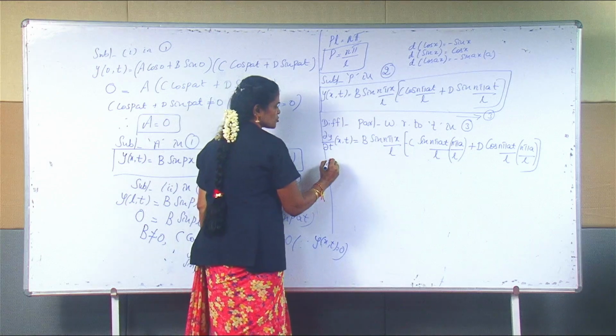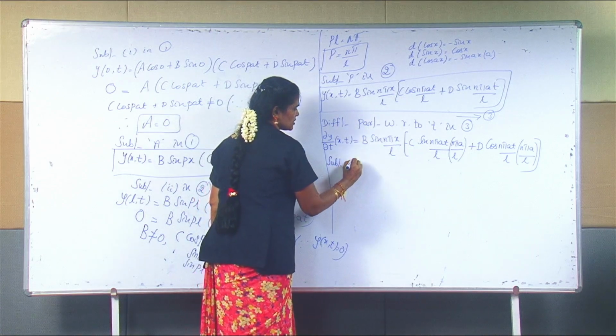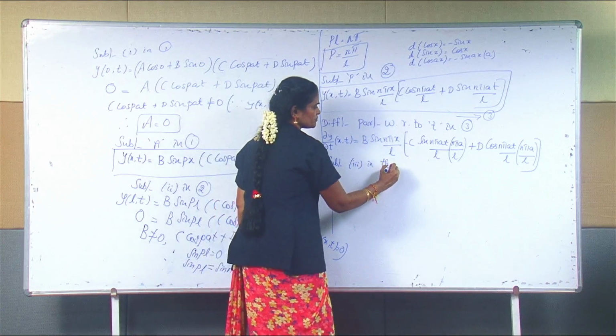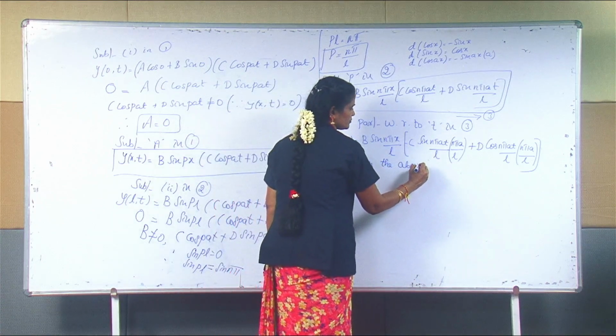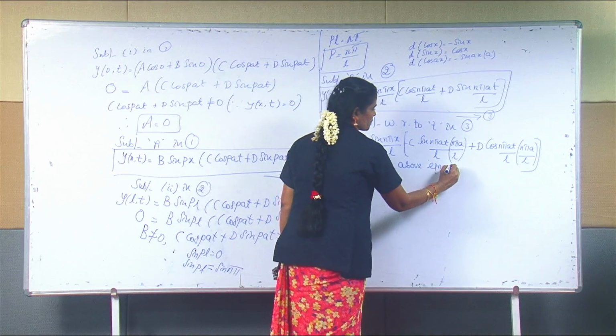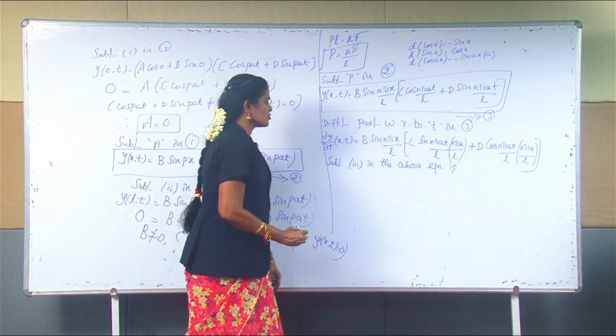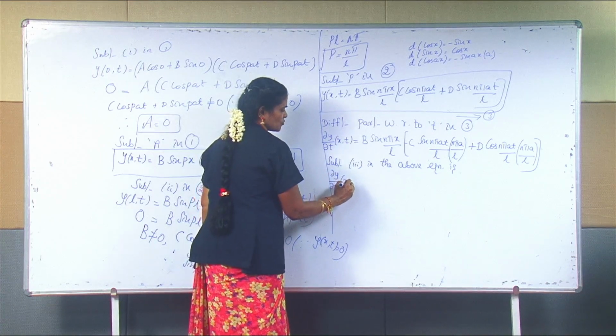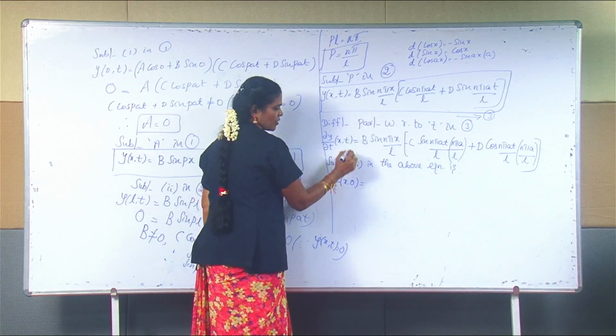Now substitute the third boundary condition in the above equation. The third boundary condition is dou y by dou t at (x, 0), so in place of t you substitute 0.